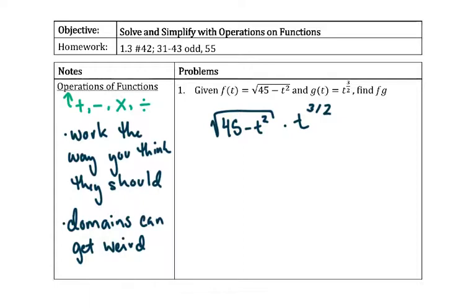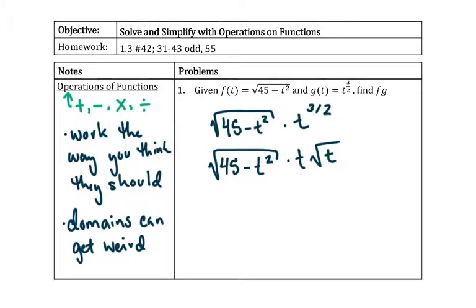So f times g is two terms that maybe don't look like they're similar, but what you might remember from previous years is t to the 3 halves can be rewritten as t times root t, because this is 1 and a half, so 1 and then a half. And then we have two radical terms, root of 45 minus t squared times t root t.